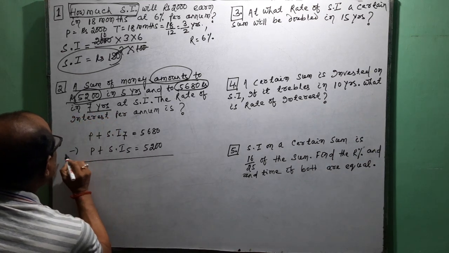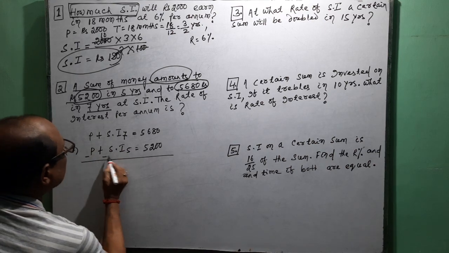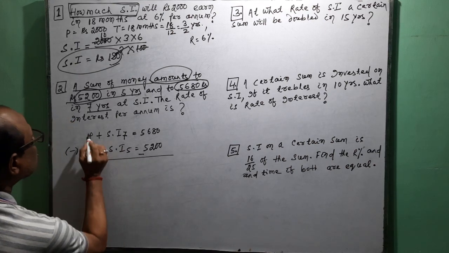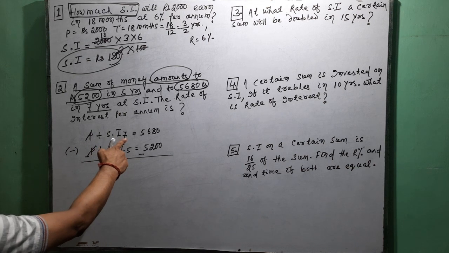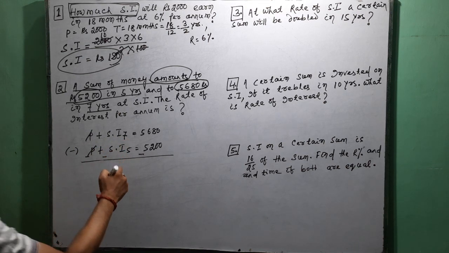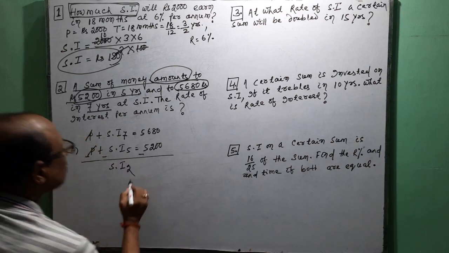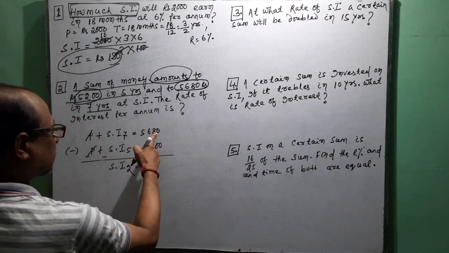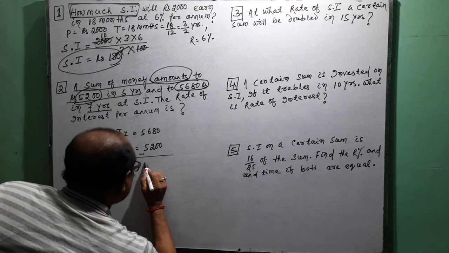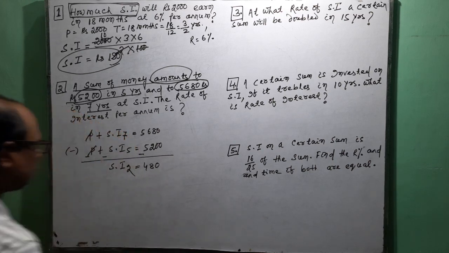If we subtract these two equations, P cancels, SI of 7 years minus SI of 5 years leaves SI of 2 years, which is equal to 5,680 minus 5,200. So it is 480.